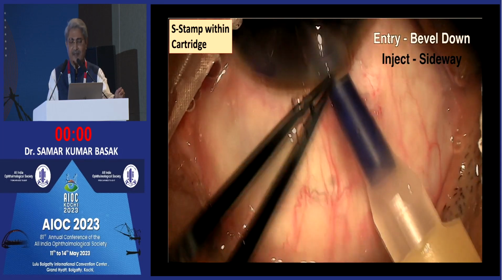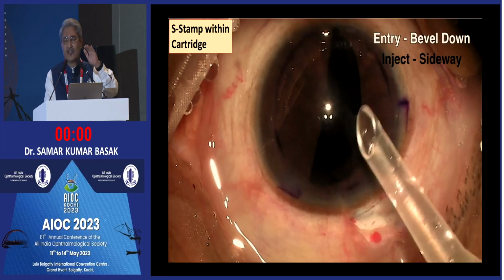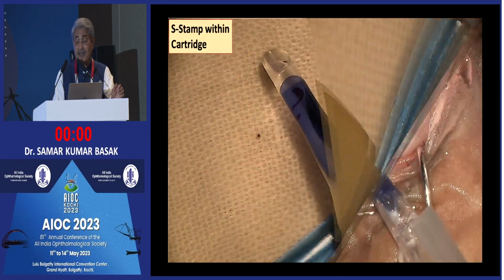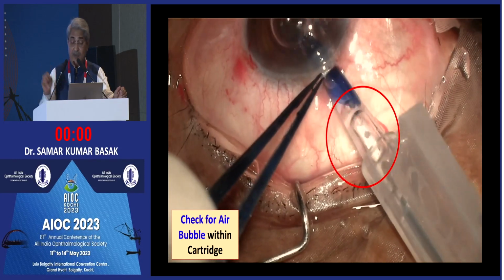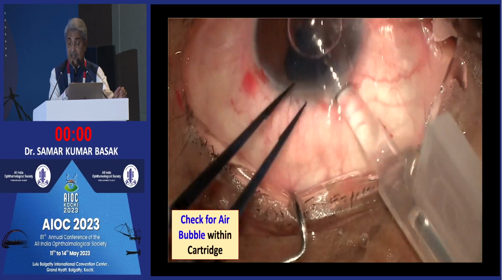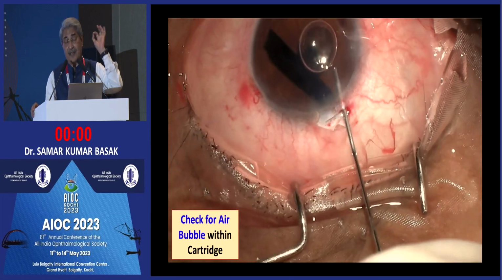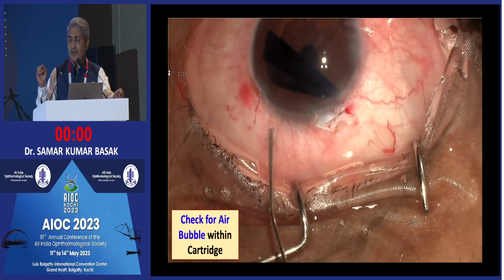That is the principle. But whatever you follow, it will actually listen to you in about 60-70% of cases, but the rest you have to manipulate. So check for air bubbles inside the cartridge. This is very important. Air bubbles inside the anterior chamber, and inside the cartridge, both are damaging for the graft.